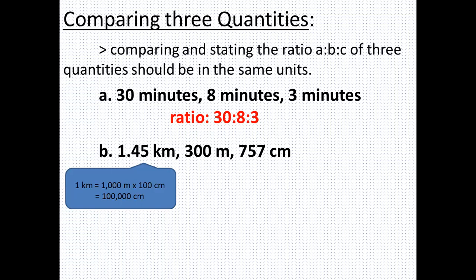From kilometers, we convert into meters and then into centimeters. 1 kilometer equals 1,000 meters, times another 100, so that we can convert it into centimeters.